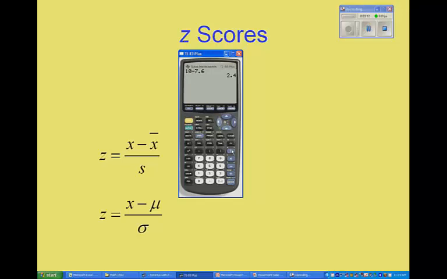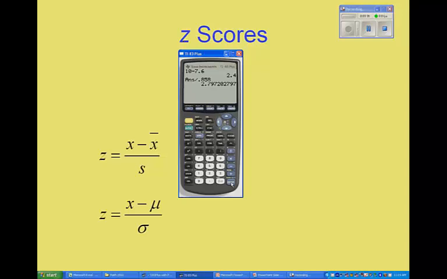And then I'm dividing by what? The standard deviation. So what's that give me? 2.79. What does that mean? It means how many standard deviations you are away from the data.